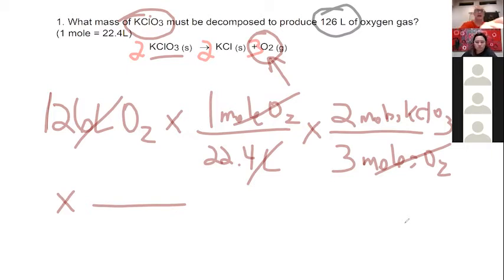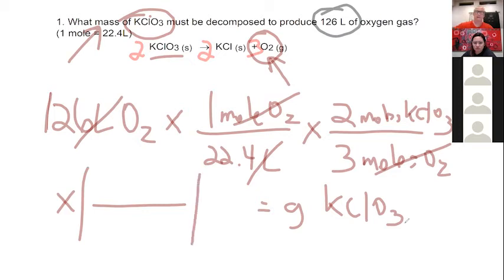To get our answer, the mass of KClO3. Which mass of it? My answer is actually going to be grams of KClO3. But what do I put here to get me this answer? Molar mass. That's right, the molar mass of KClO3.